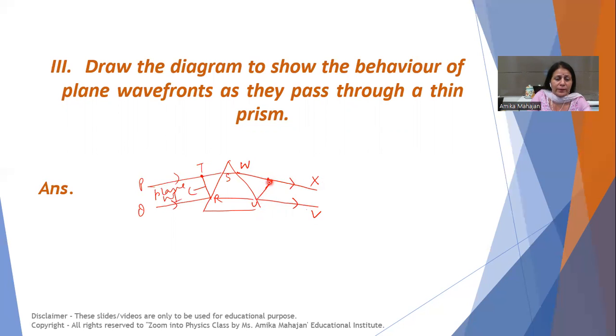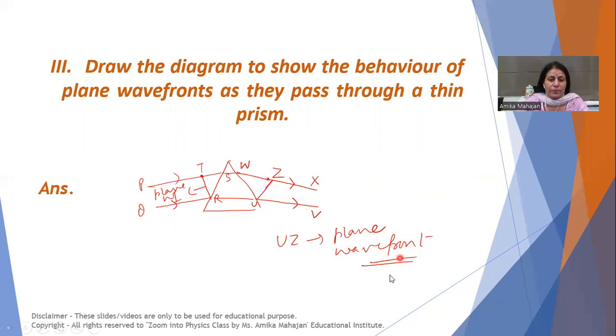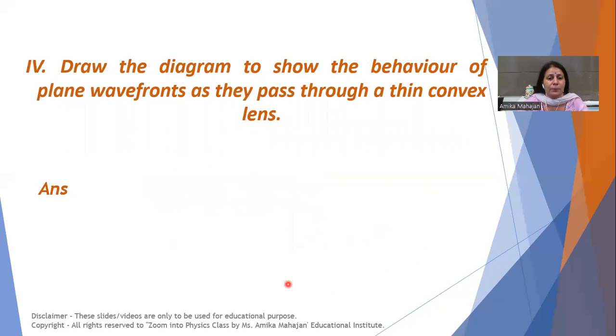Join this U with this point, that it is Z. So this UZ is again a wavefront which is planar. That means emergent wavefront will also be plane in nature. This is the diagram to show the plane wavefronts passing through the thin prism.